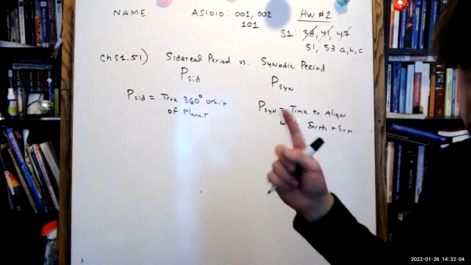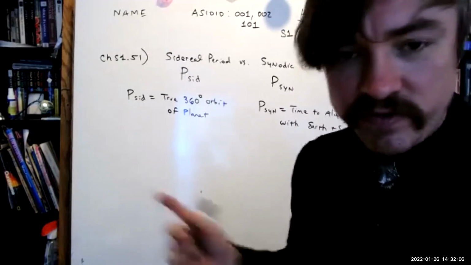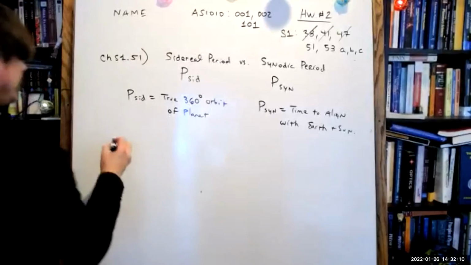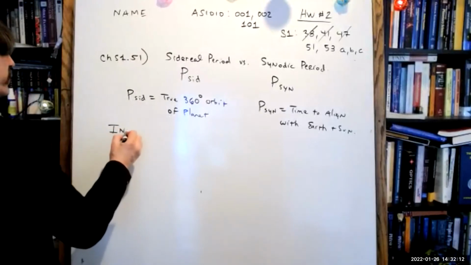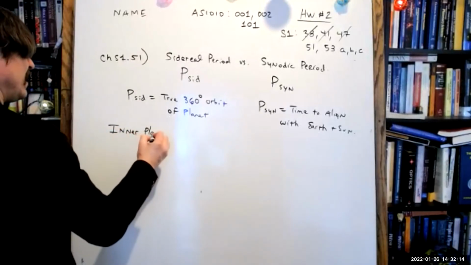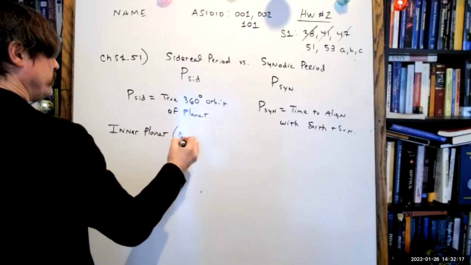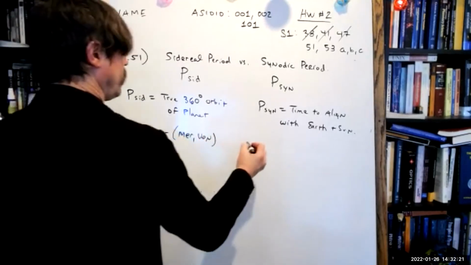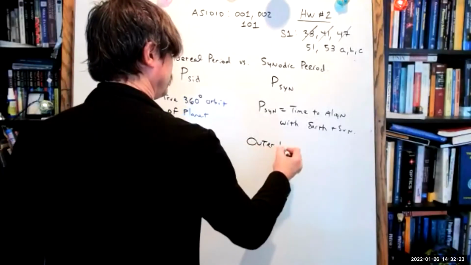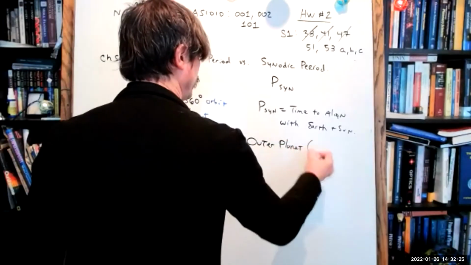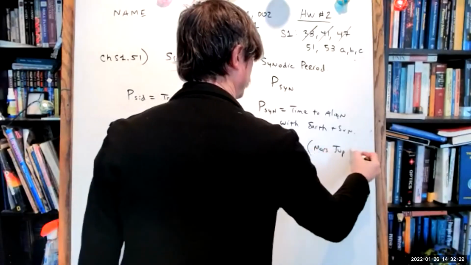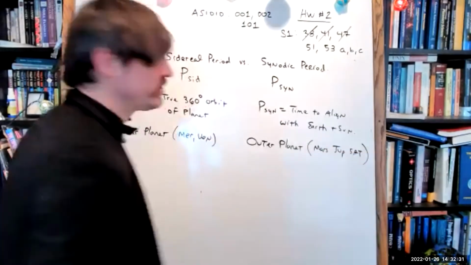You can calculate the relationship between the two using geometry. I'll spare you the details and I'll show you the formulas. The formulas are different whether you're an inner planet, which includes Mercury and Venus, or if you're an outer planet, such as Mars, Jupiter, or Saturn. Outer meaning outer to Earth.